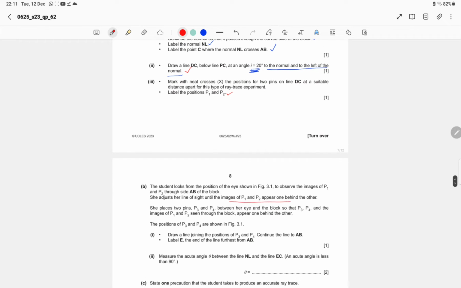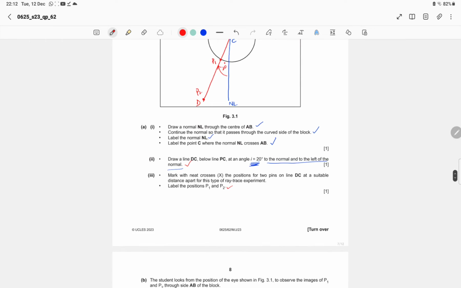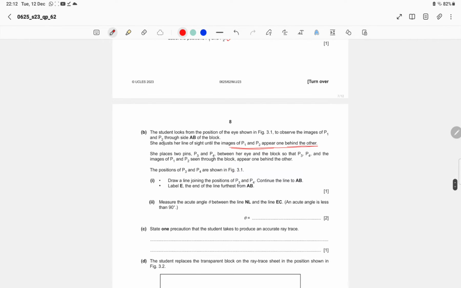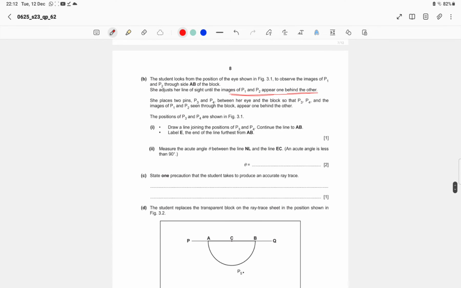So this is what you need to be looking at. So this line is going like this. You need to draw it with the scale. I'm drawing it freehand, so this is how it's going to be refracted basically. She places two pins P3 and P4. This is done. The positions P3 and P4 are shown in the figure.